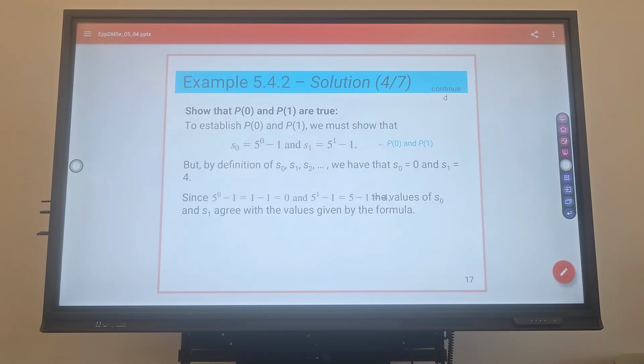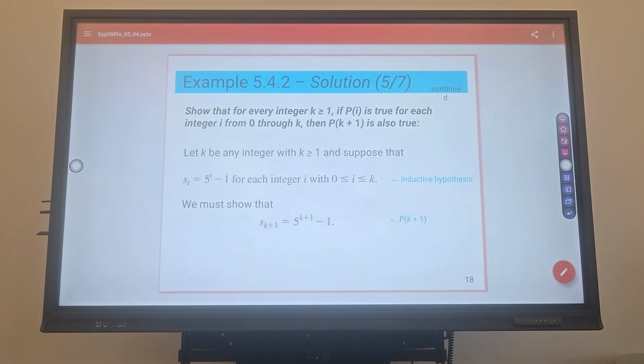Then by definition, we have S sub 0 and S sub 1, so we have these to be true. Now show that for every integer k greater than or equal to 1, if P of i is true for each integer from 0 through k, then P of k plus 1 is also true.